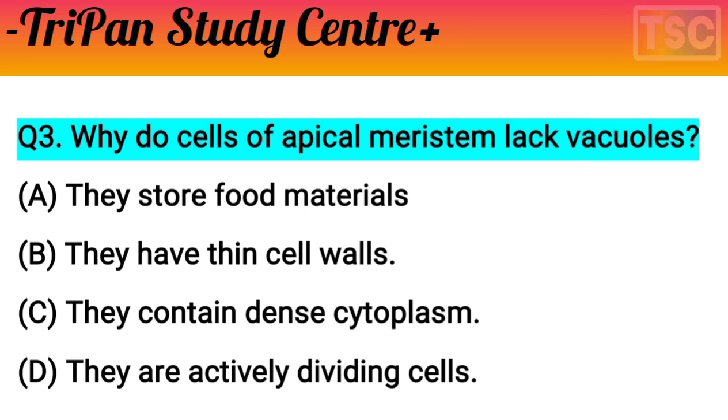So they require food instantly, and there is no requirement of storing food. Also, they do not produce a large amount of waste. Hence, they lack vacuoles. So option D is correct. They are actively dividing cells.